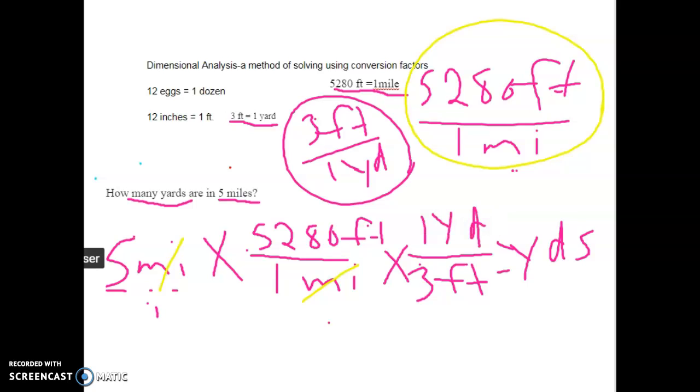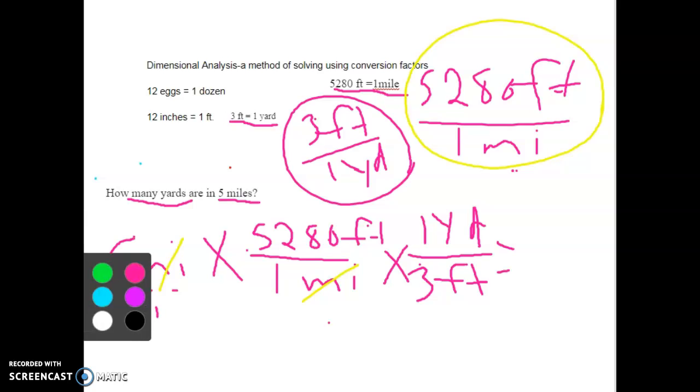I need to erase this and make some more room here. So 3 feet in 1 yard. Now I can do my dimensional analysis to solve this. I multiply everything on top together, and then I divide it by everything on the bottom multiplied together. That's how I'm going to solve this.